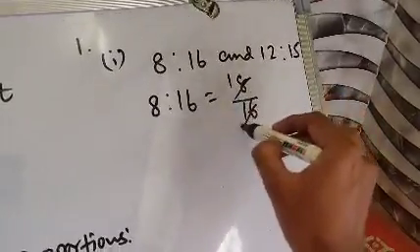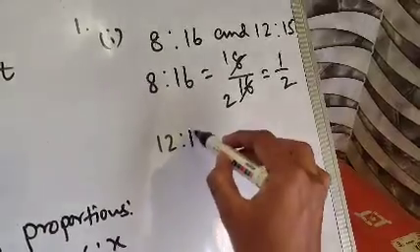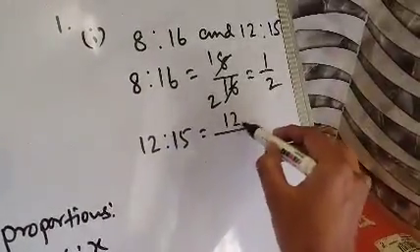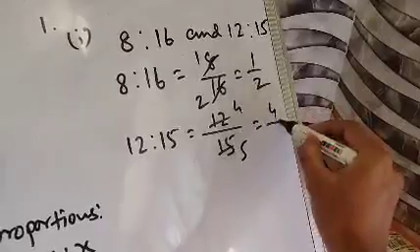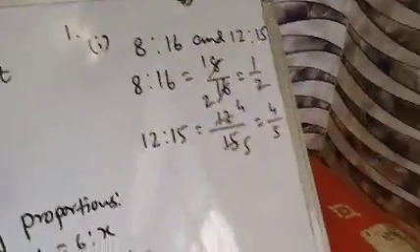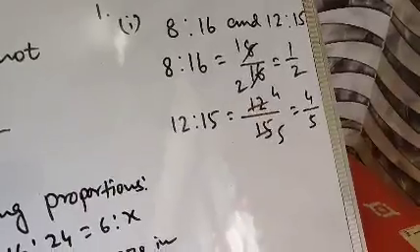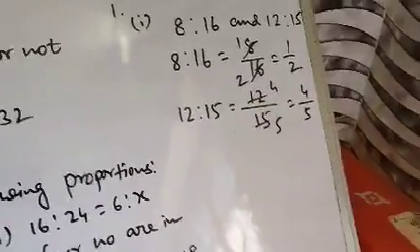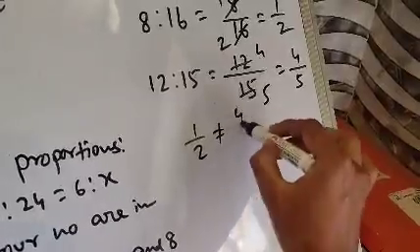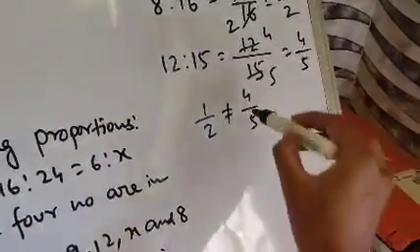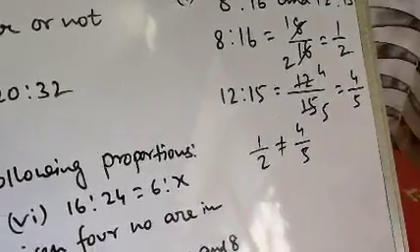If you reduce, it is 1 by 2, and 12:15 means 12 by 15. If you reduce, this is 4 by 5. So these two are not equal. 1 by 2 is not equal to 4 by 5. So we can say that this is not a proportion. Therefore we can say that the given ratios do not form a proportion.